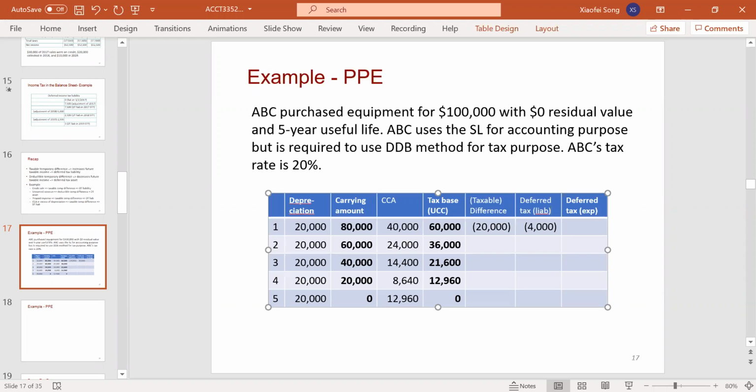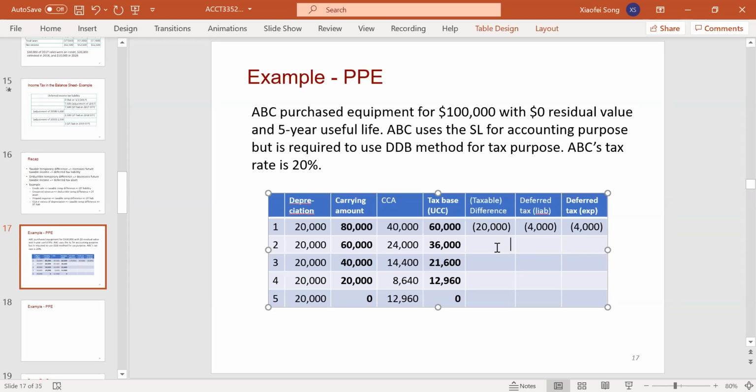If an expense is a negative number, you get a positive number, which means it's a deferred tax benefit, right? So we'll have a deferred expense of $4,000. So that's for year one. I solved the accounting problem associated with this PPE. As a result, there will be a deferred tax liability on the balance sheet, and there will be a deferred tax expense on the income statement related to this item only. There were other things, obviously.